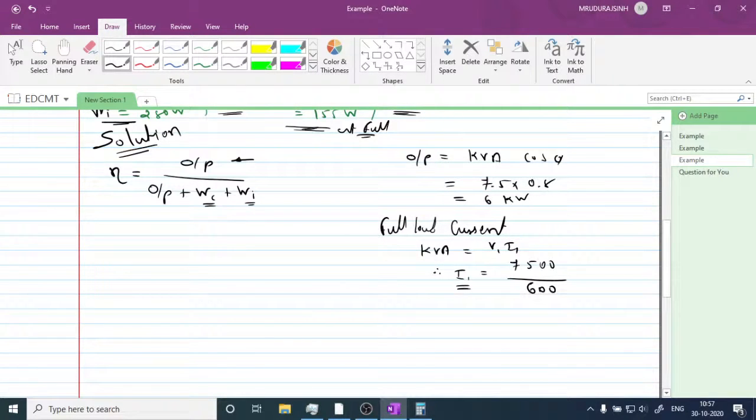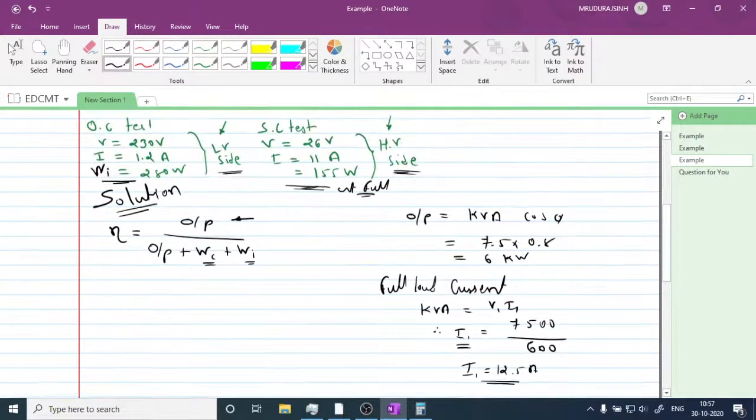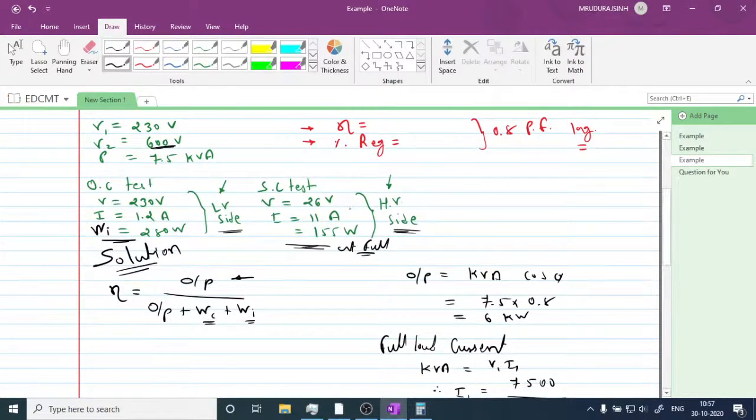So full load current I1 is equal to 12.5 ampere, and the current given to us over here is 11 ampere. So this loss, this is the copper loss, ultimately Wc, right?